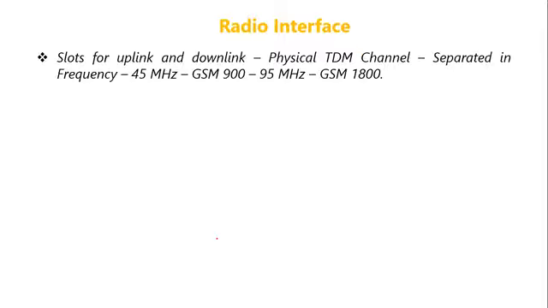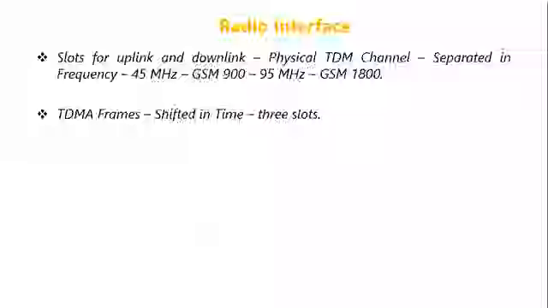So there are two factors that allow for the use of simple transmitter hardware. The slots for the uplink and downlink of a physical time division multiplexing channel are separated in frequency. For uplink, the frequency offset is 45 megahertz for GSM 900, and 95 megahertz for GSM 1800.